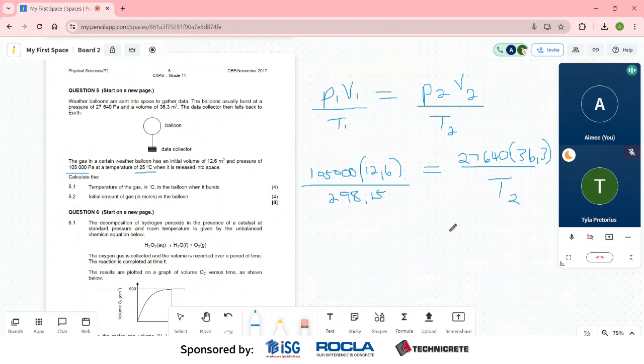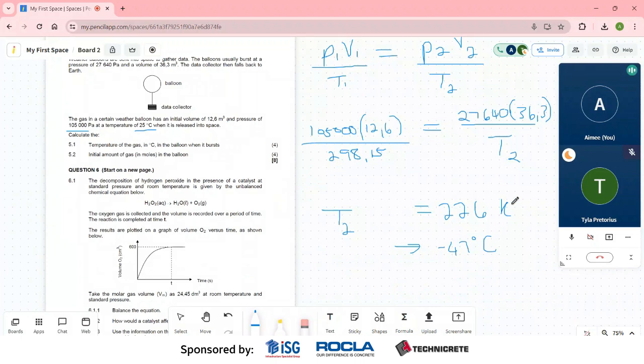So now you need to rearrange this entire equation, and make T2 the subject of the formula so that you can solve for T2. And the answer you should get once you've done that is 226 Kelvin, also known as negative 47 degrees Celsius.